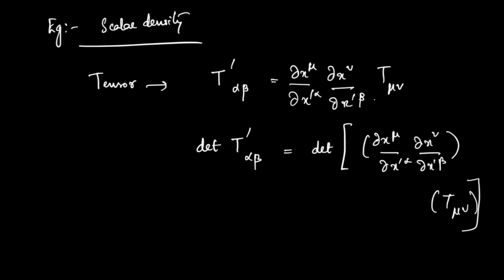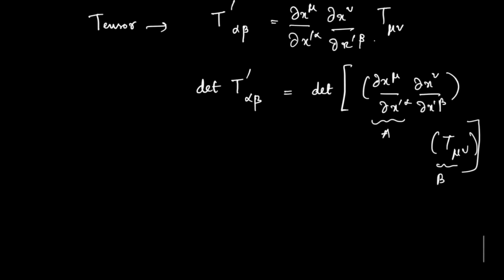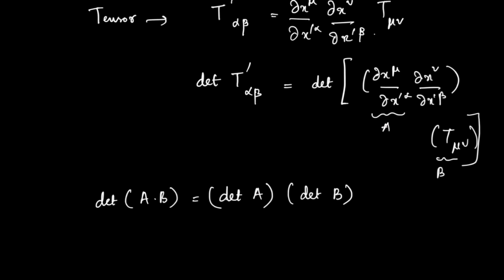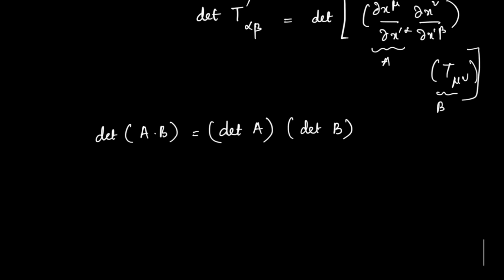So let this be A and let this be B. Then the determinant of AB, we know the formula, is the determinant of A multiplied by the determinant of B. This is just in matrix notation. If you have a matrix multiplication A multiplied by B, then the determinant of AB will be the determinant of A multiplied by the determinant of B.